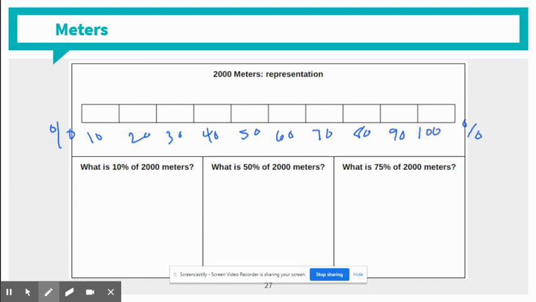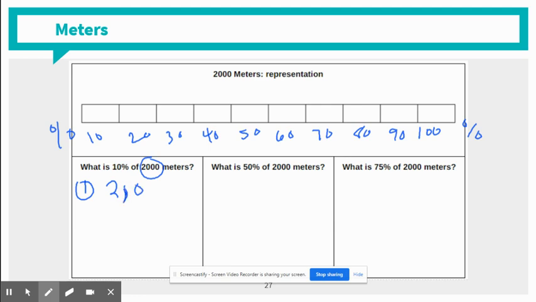And I'm looking at this, and we have 10%, 50%, and 75%. Okay, that's bigger than 100%. So I'm going to have to erase my work each time I do this. All right, but how do I know what number goes in there? Because Miss Pellerin told me my first step is always to divide the whole number by 10. Our whole number is 2,000.